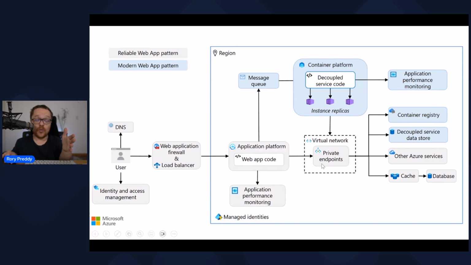All the time, we can communicate with our underlying services through a virtual network. Now, each one of those endpoints that we want to couple our services to, the container registry, the other Azure services, the cache, the database there, is created with a private endpoint. Think of a private endpoint as a tunnel from point A to point B that both points are aware of each other.